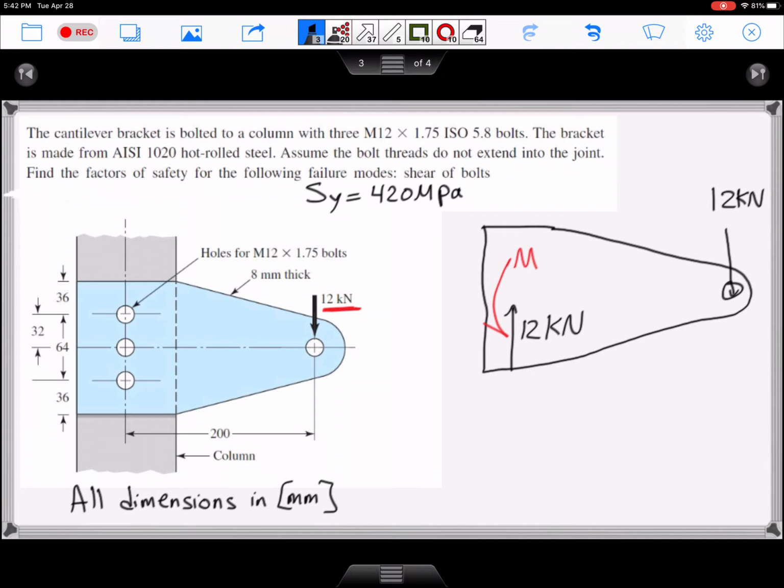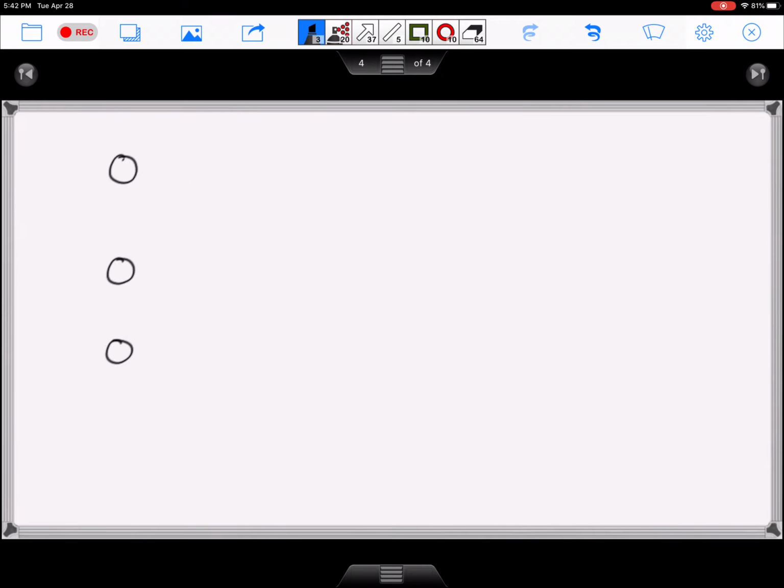Let's find the primary shear, usually the easiest one to find, which is just the shear force over the number of bolts. That's 12 kilonewtons over 3 bolts, which is 4 kilonewtons. So each bolt will experience a primary shear force of 4 kilonewtons.